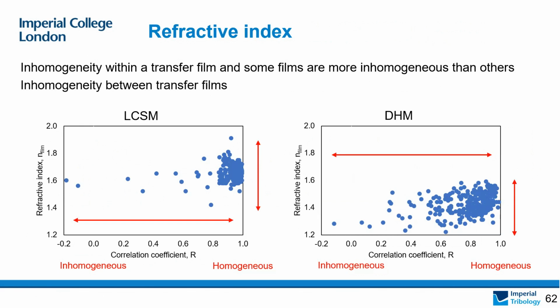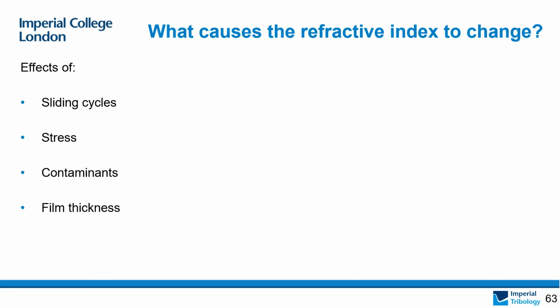This indicates the inhomogeneity of refractive index between the transfer films, meaning film A may have a different refractive index from film B. So far, we have seen how much the refractive index of transfer films is different from the bulk, and also the inhomogeneity of refractive index both within and between transfer films.